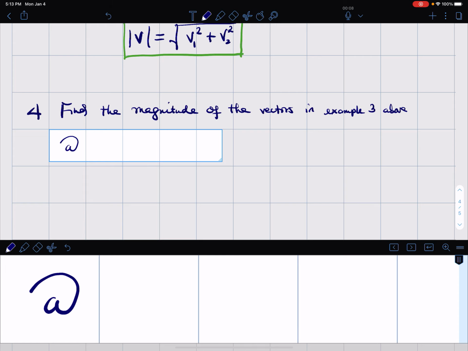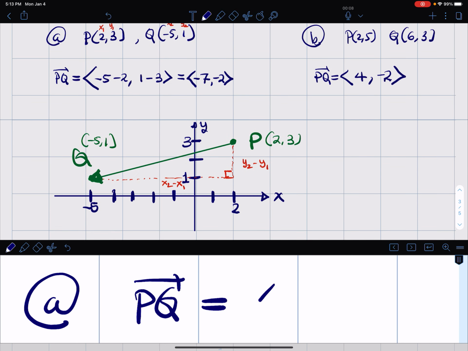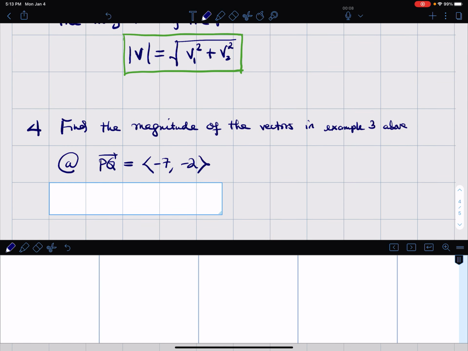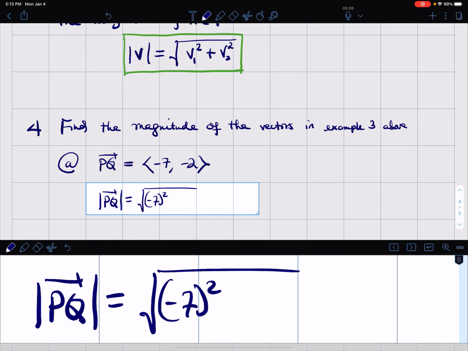So the first one, we find our PQ to be, let's see, what did we get? We got -7, -2. All right, that means that the magnitude of our PQ is just going to be the square root of -7 squared plus -2 squared.